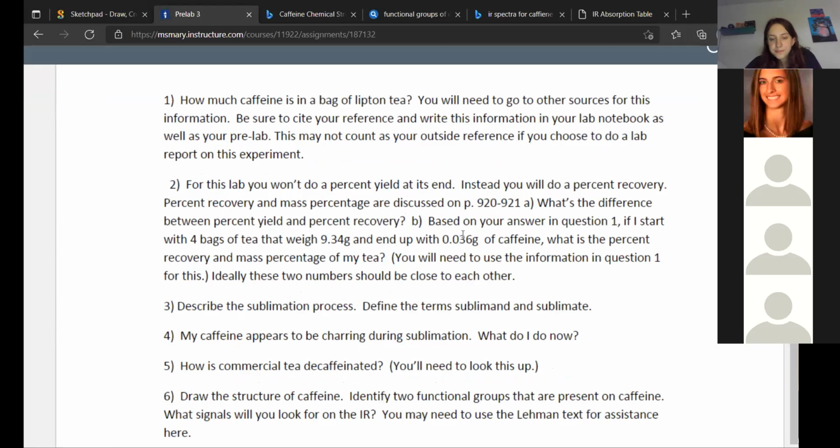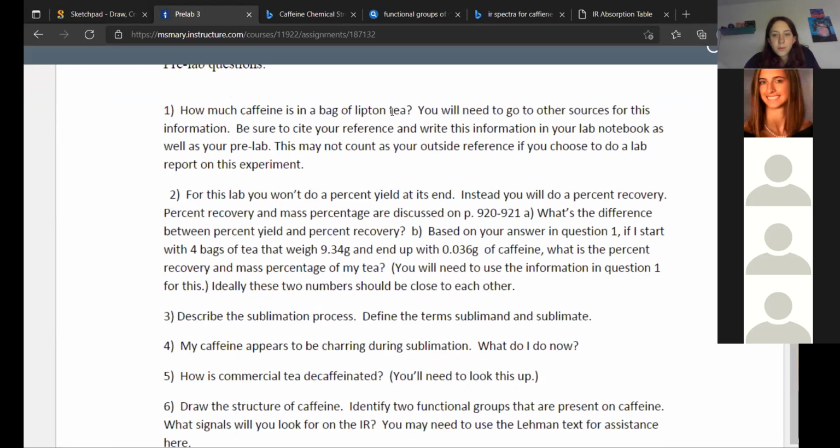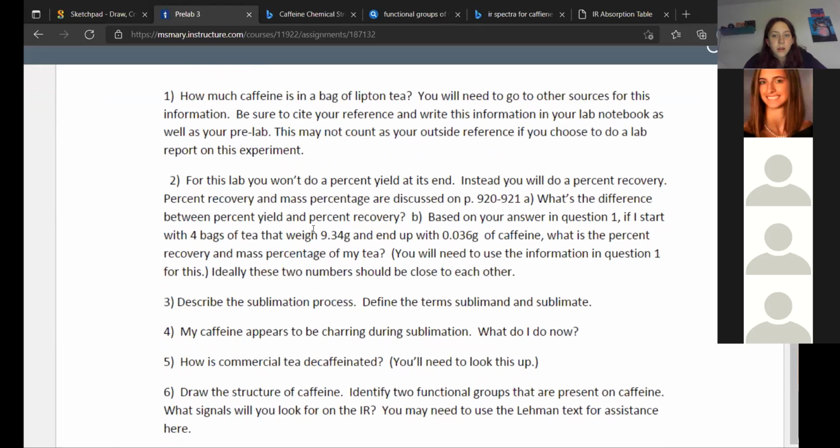Percent recovery. Looking at question number 1, I believe it was, I don't know exactly how much, but it may be 55 milligrams. Let's just guesstimate around that. 55 milligrams of caffeine in 1 bag of tea. You know that there are 4 bags of tea that you're using in this reaction.